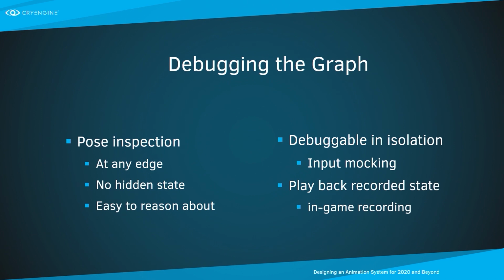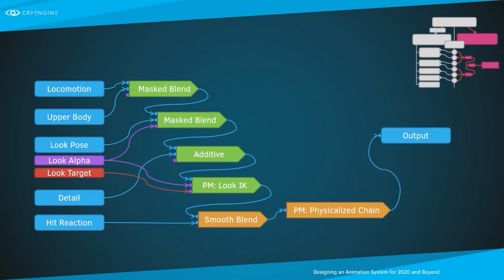This is a very useful feature for debugging, we think, and it's also easily achievable with the purely functional design, because as Claudio already mentioned, the whole state of the graph is always reconstructible from input, so the only thing we need to do is snapshot the state of the input samplers, and then we can replay it, move in time back and forth, and basically see where the animation glitch came from.